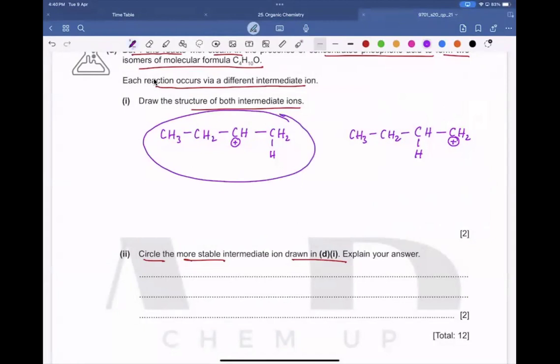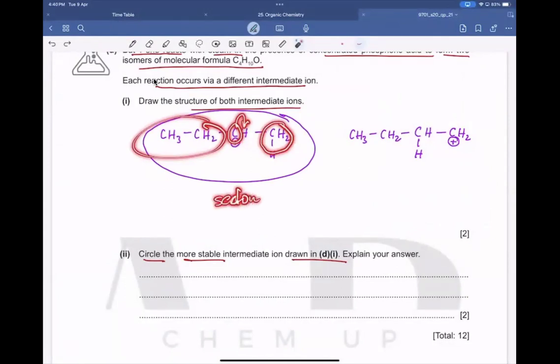This carbon is bonded to one hydrogen and two alkyl chains, making it a secondary carbocation. And this one is a primary carbocation because the carbon having the positive charge is bonded to two hydrogens. So primary is less stable.